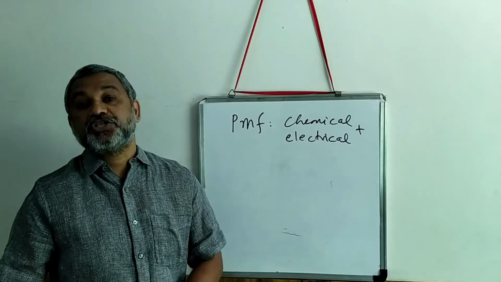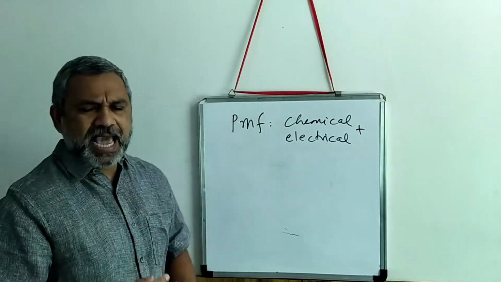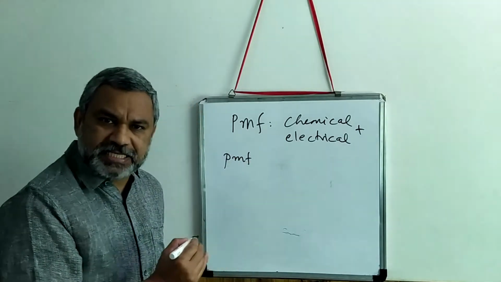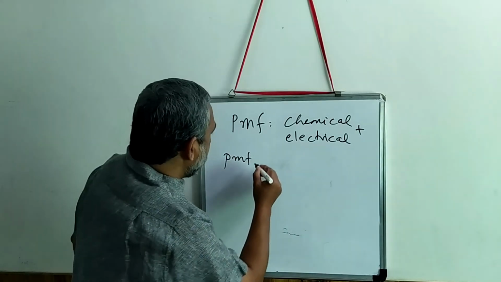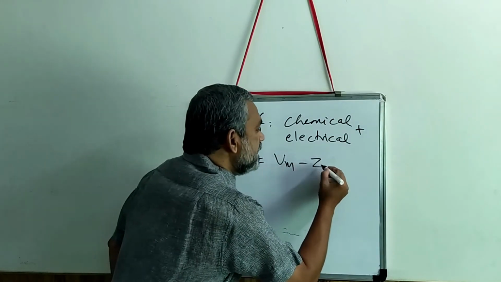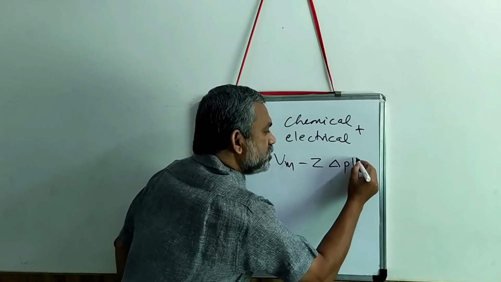This can be calculated: PMF is equal to Vm minus Z delta pH.